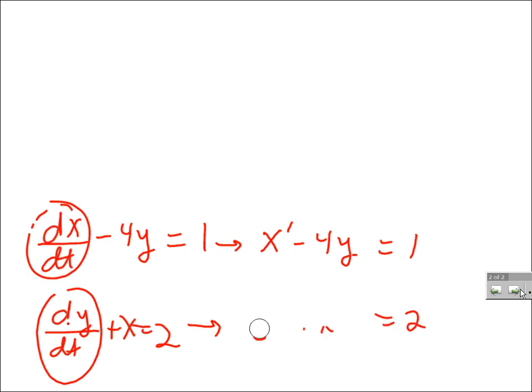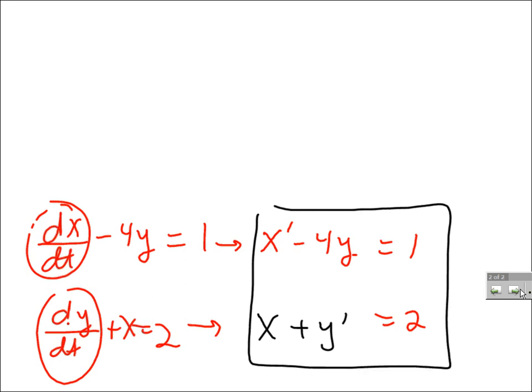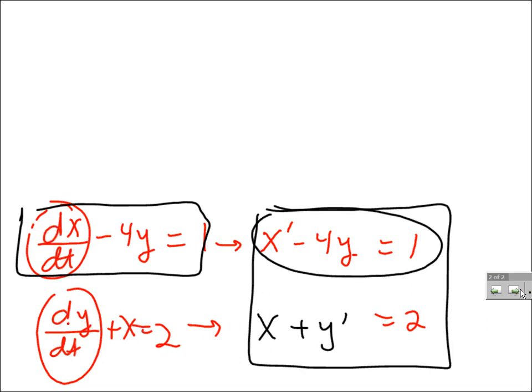So I'm going to just write the x's first. I'm going to say x plus y prime. Now, I'm just going to rewrite this one more time. That is, first I had this, I wrote it like this. I'm going to do it one more time. I'm going to use differential operators.